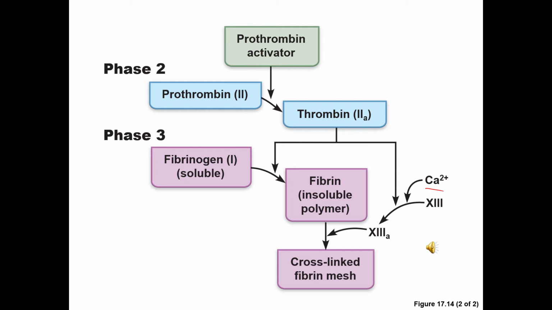Sometimes when we collect the blood for lab test, we want to keep the blood liquid for hours, so we remove the calcium from the blood by calcium chelating agent. So that will remove the calcium, or take off the calcium from the blood, so blood will remain liquid.